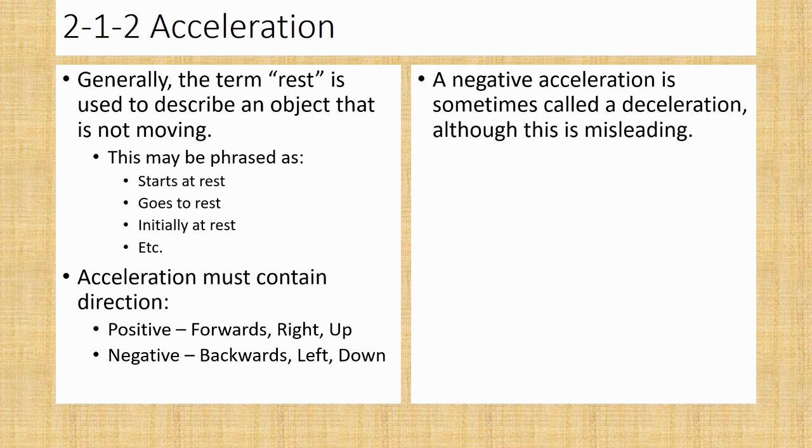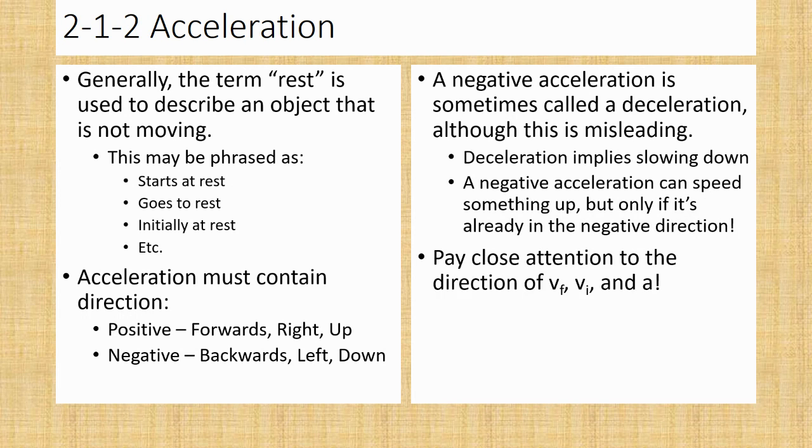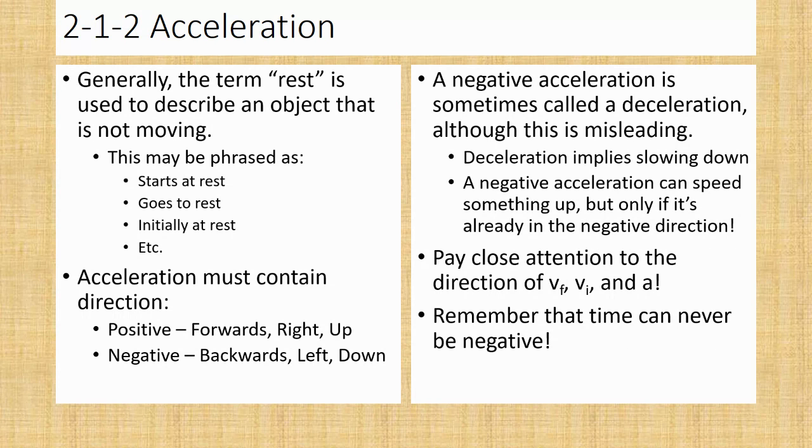Now, it's very important to note the direction of the acceleration doesn't automatically tell us whether the object is speeding up or slowing down. So, a negative acceleration simply means that the object is accelerating in the negative direction. It is not the same thing as a deceleration, because deceleration always implies the object is slowing down.